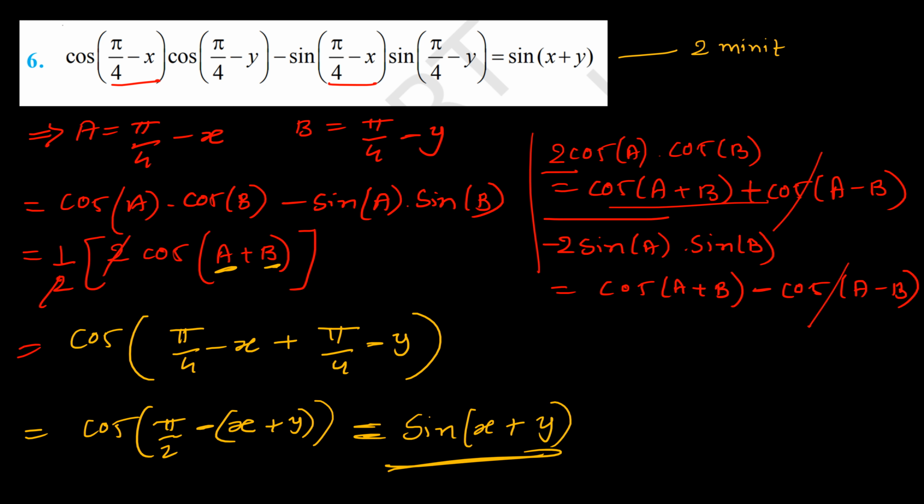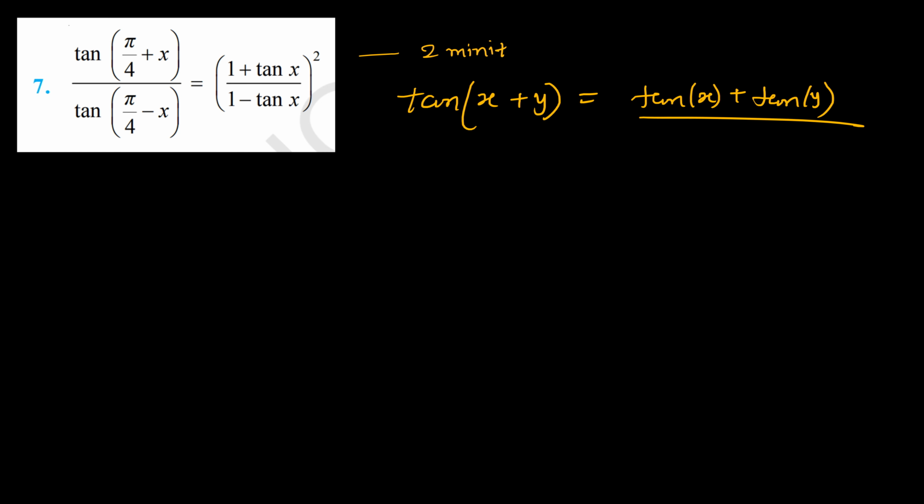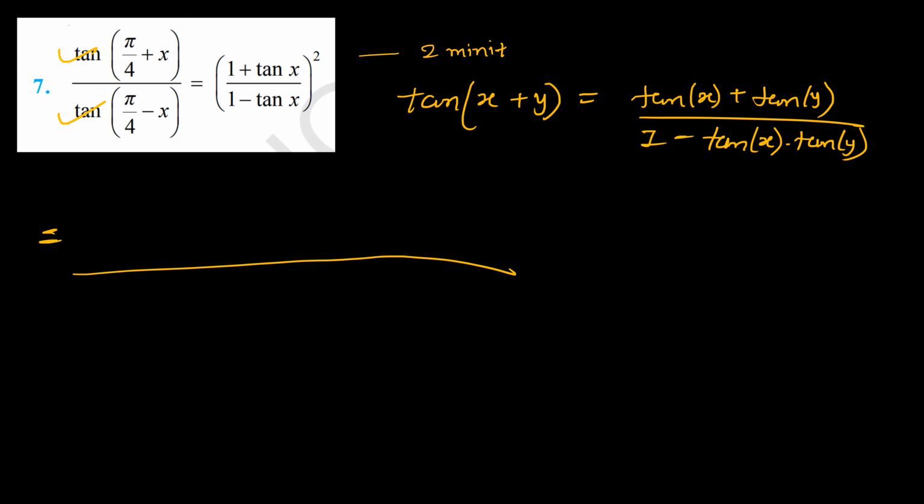Let's move on to the next one. Remember this formula, as I discussed in the previous one: tan(x plus y) is tan x plus tan y, with the opposite sign below, 1 minus tan x into tan y. Let us put the values in separately. So here, in the first expression, x is equal to pi by 4 and y is equal to x.